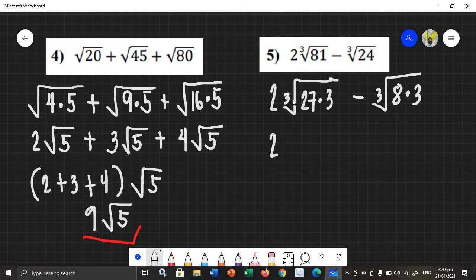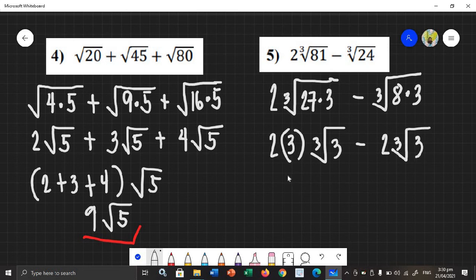So, we have 2. Cube root of 27 is 3. So, the answer here, nung sinimplify natin siya, ita-times natin sa numerical coefficient na 2. So, just write 3 and then copy natin si cube root of 3 minus cube root of 8 is 2. And then, copy natin si cube root of 3.